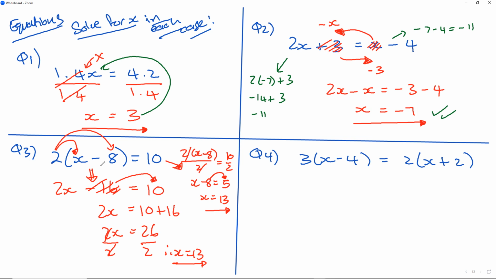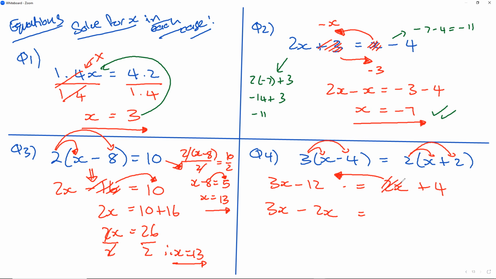For question 4, we have a bracket on both sides. So we have to first multiply it out twice. Don't forget to multiply it twice. So 3x minus 12 equals 2x plus 4. Now 2x is going to subtract from the left-hand side. So it'll be 3x minus 2x, and then it disappears.